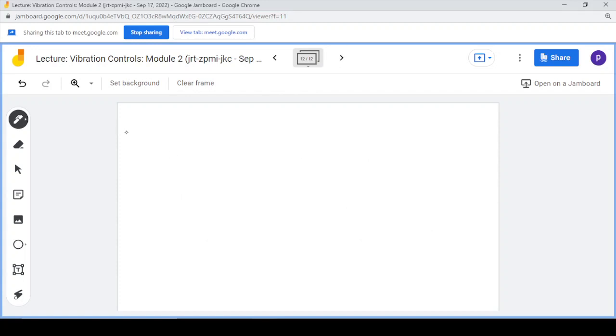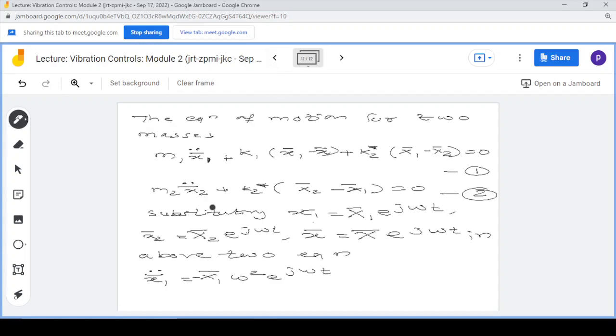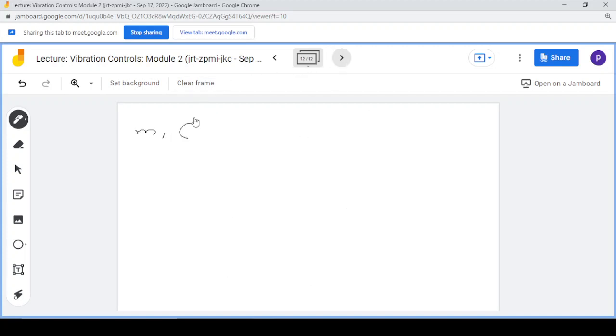Look at it, we will write it down: m1 into x1 bar double dot, which is minus x1 omega square e raised to j omega t. So we can replace it as minus x1 bar omega square e raised to j omega t, right?